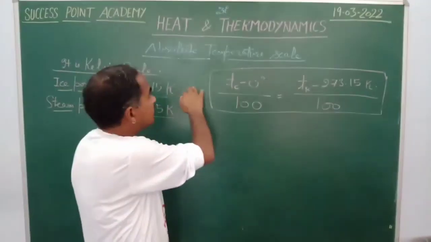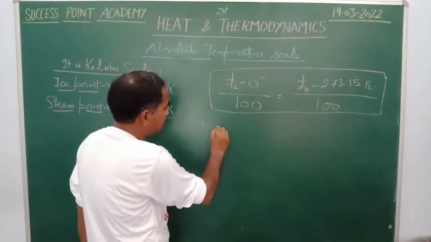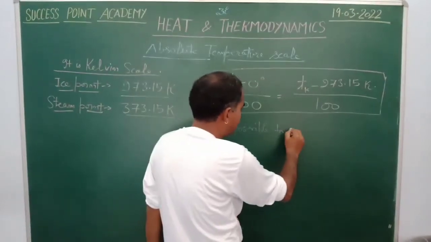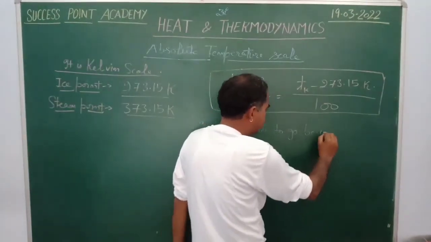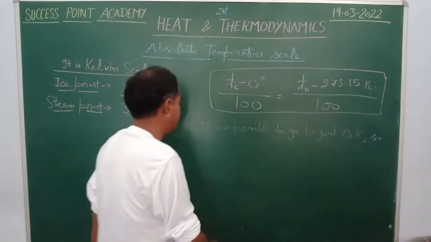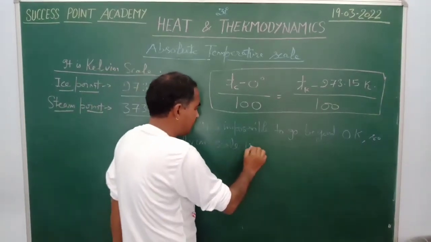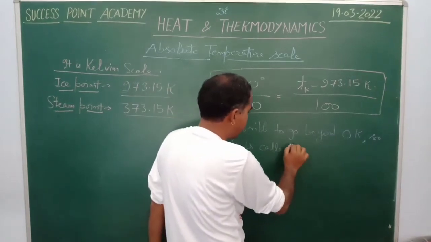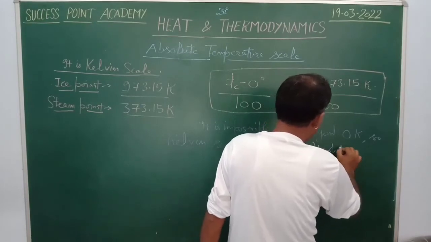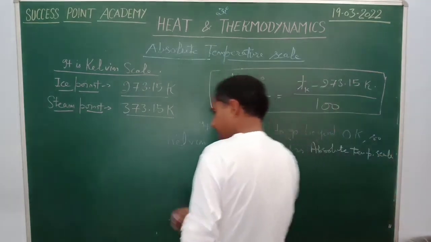It is called the absolute scale because in this scale it is impossible to go beyond 0 Kelvin. So the Kelvin scale is called the absolute temperature scale. This is the reason behind this. Remember this.